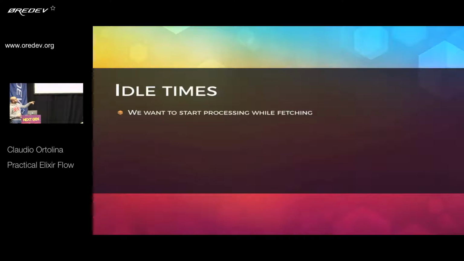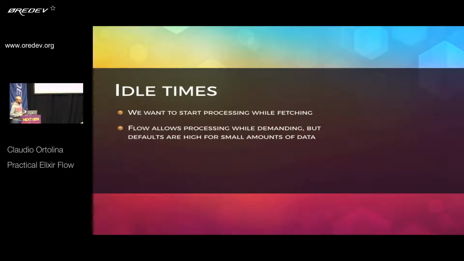So we want to start processing while fetching. The two things should happen in parallel. And Flow gives us a way to do that, but that's one of the basically two gotchas that people fall into when they start using it.